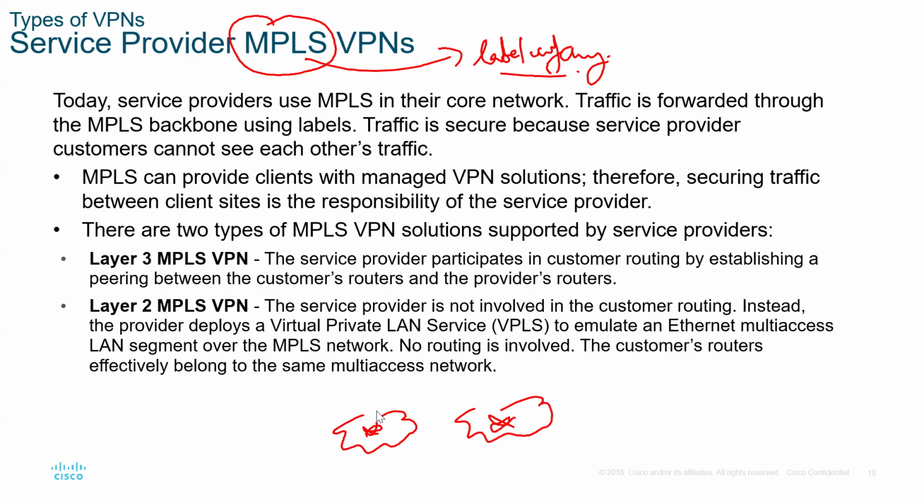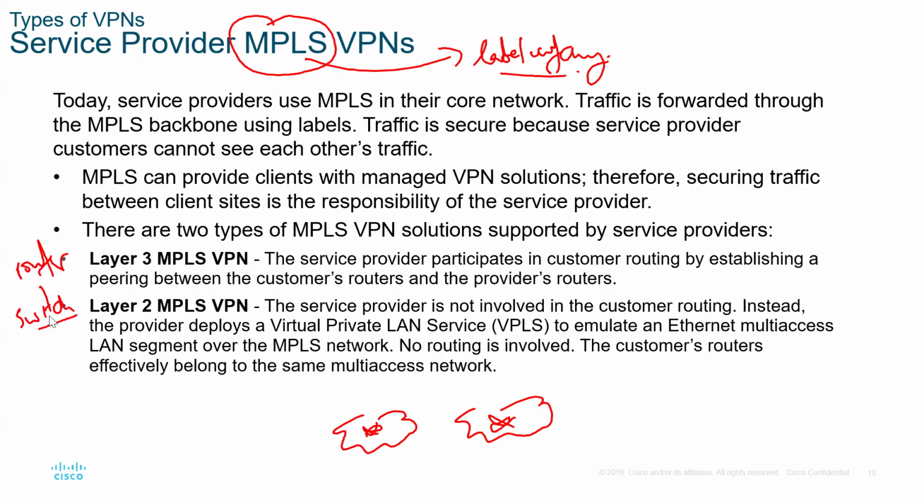Then the types of MPLS solutions here: layer 3 and layer 2. Layer 3 is a case where the service provider acts as a router. Let's start simplifying it for understanding. The service provider acts as a router, meaning different networks, different enterprises, different labels. With layer 2 MPLS, the service provider is not involved in routing and acts as a switch.